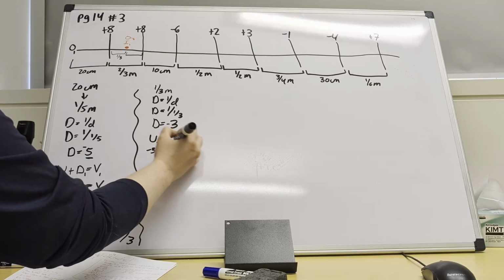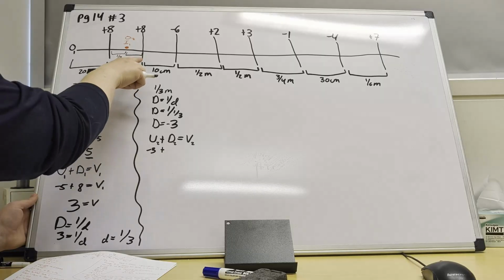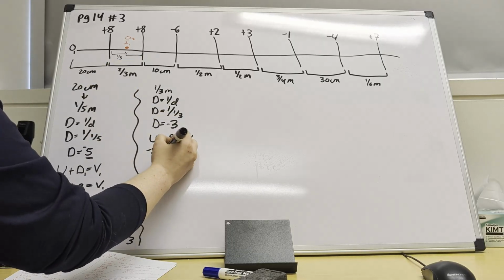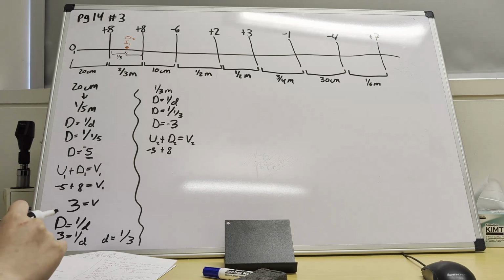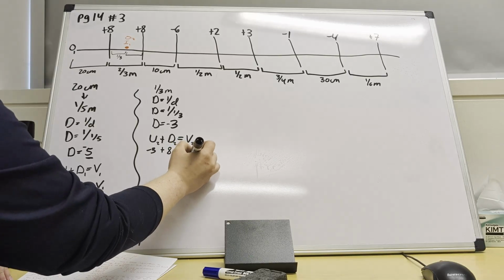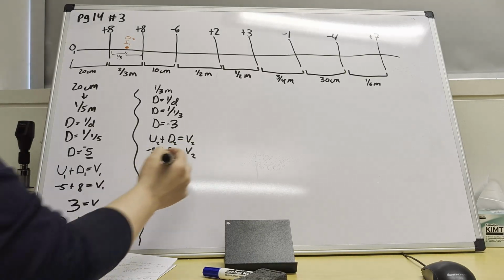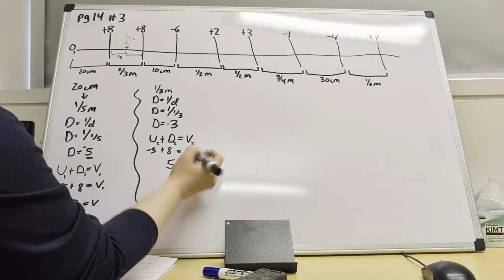This is going to be subscript 2. Our D2 is our lens 2, so our lens 2 is still a +8 for this. And it is going to be -3 plus a +8 is going to be equal to V2. That comes out to a +5 equals V2.